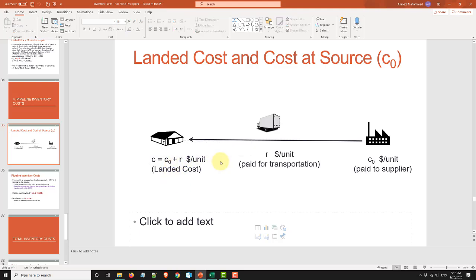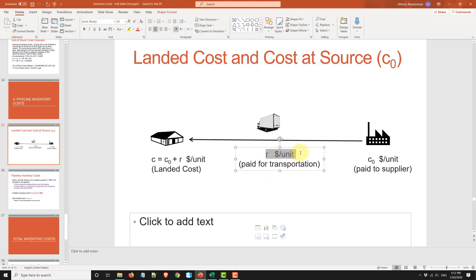So let me give you an example. Let's say I'm buying shoes and each pair of shoes costs me $30. So C naught is $30 that I pay to the supplier. Then I look at my transportation charges, whatever a whole truckload or container load costs, and I divide those charges by the number of units transported to get a per unit transportation expense.